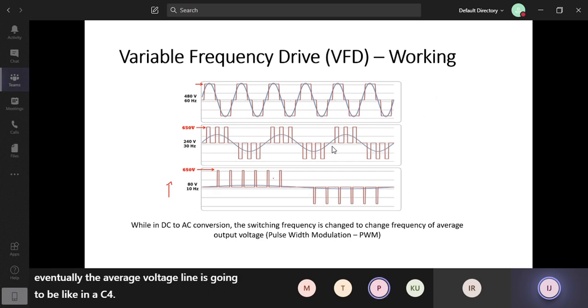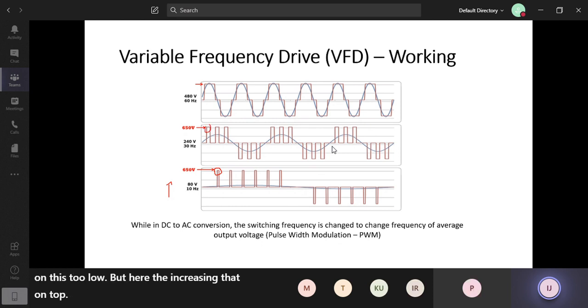Here the frequency is too low. When they increase the switching frequency, see how often: here they are taking too much time to switch on, and the time for which the voltage is kept on is too low, but here they are increasing that on time.